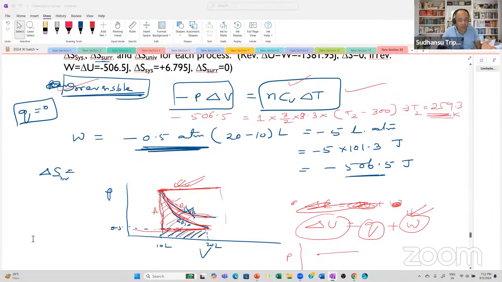Now, if I ask another follow-up question to Sami, now from 20 liter to 10 liter compression has happened adiabatically, reversibly, and adiabatically, irreversibly. The final temperature will undoubtedly be increased. So which temperature will be higher? A reversible temperature will be higher, or the irreversible compression temperature will be higher?